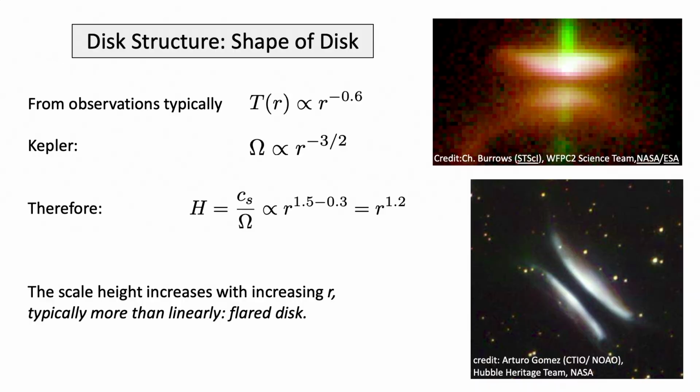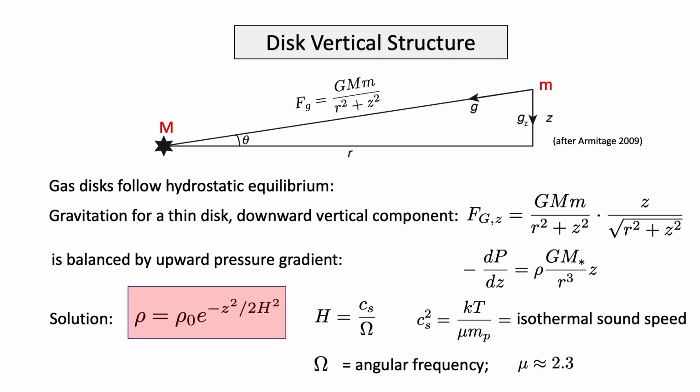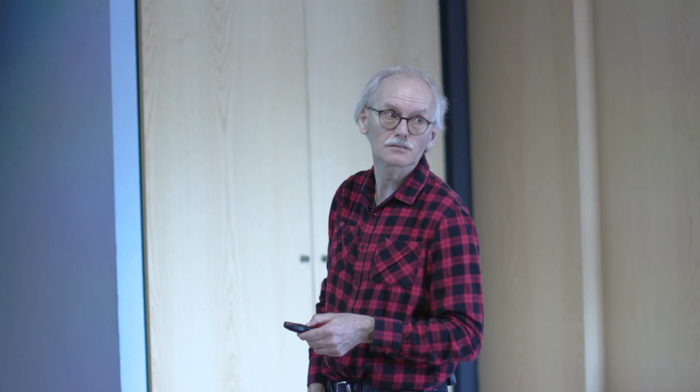Here's a temperature profile that is typical for disks. As a function of radius, the temperature gets lower and lower if you go farther and farther away. This is Kepler's law: omega goes with r to the minus 3/2. You put that in and you get for h, which is this term here, the thickness of the disk.